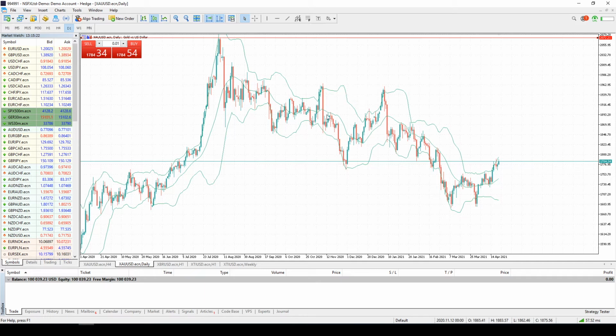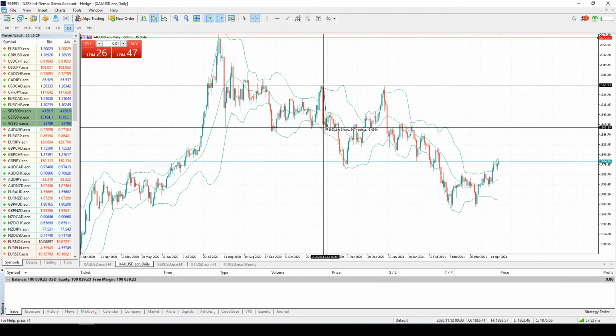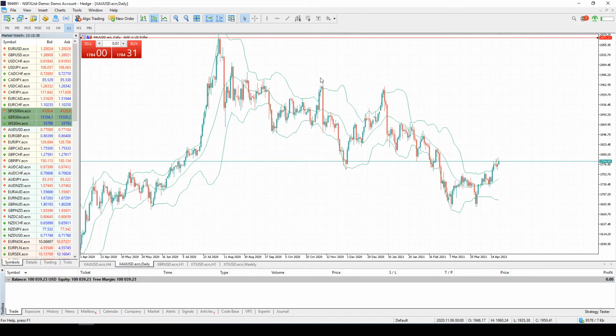We may obviously see it in this kind of candlestick here, more than 1,300. Just imagine what kind of potential profit you could take.